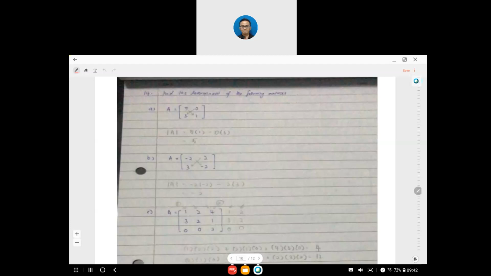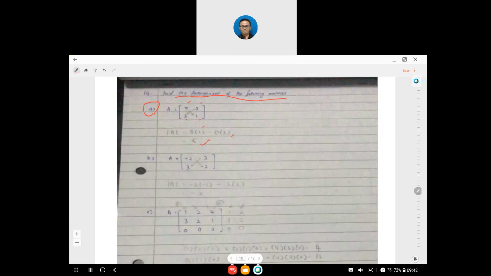Okay, question number 14A. You want to find the determinant of the following matrices. So matrix A, you have 5, 2, 5, 0, 3, 1. Okay, determinant 5 times 1 minus 0 times 3. So you can get 5.